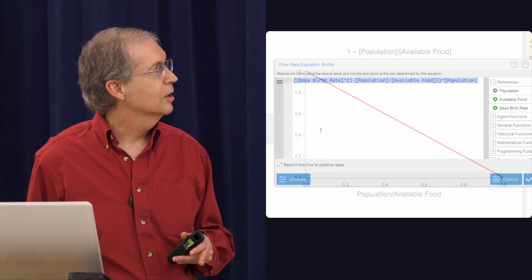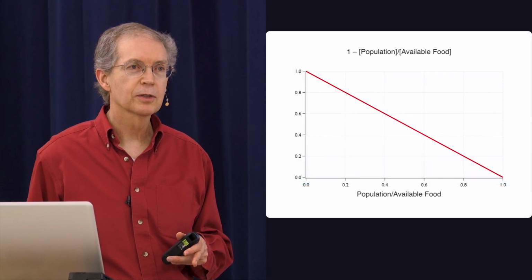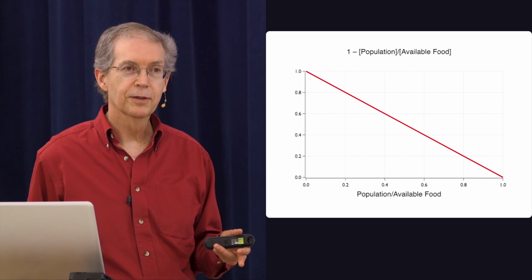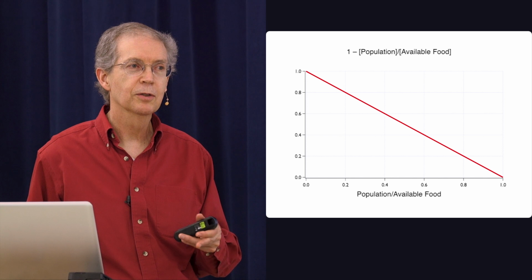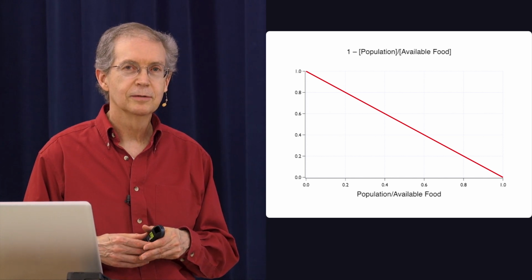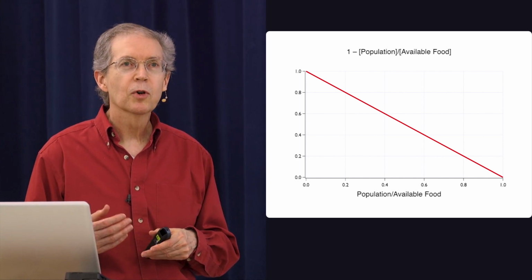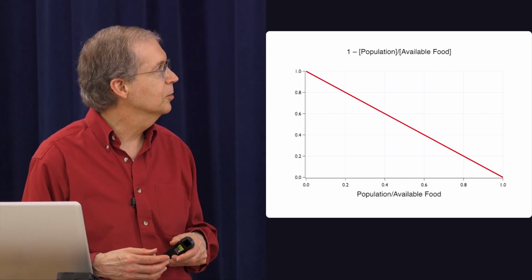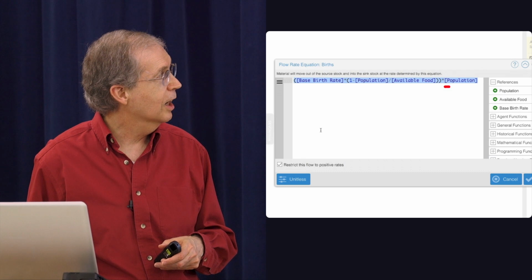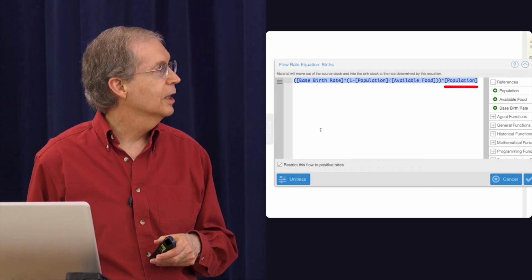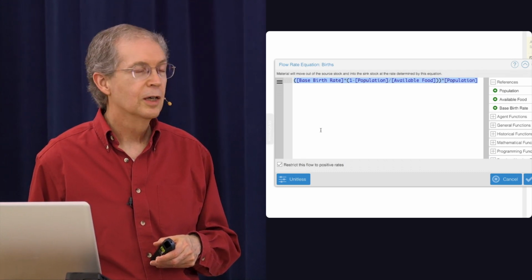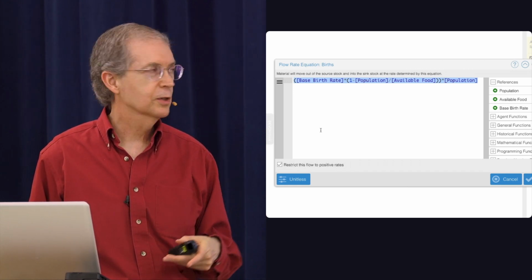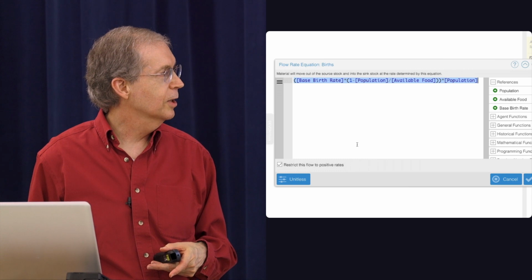So as the population grows, the birth rate's going to go down, on the theory that as there's more population, there's more stress on being able to get enough food, is the idea that's being communicated. And then all that times the population. And this times the population being fed by something that depends on the population is exponential growth.